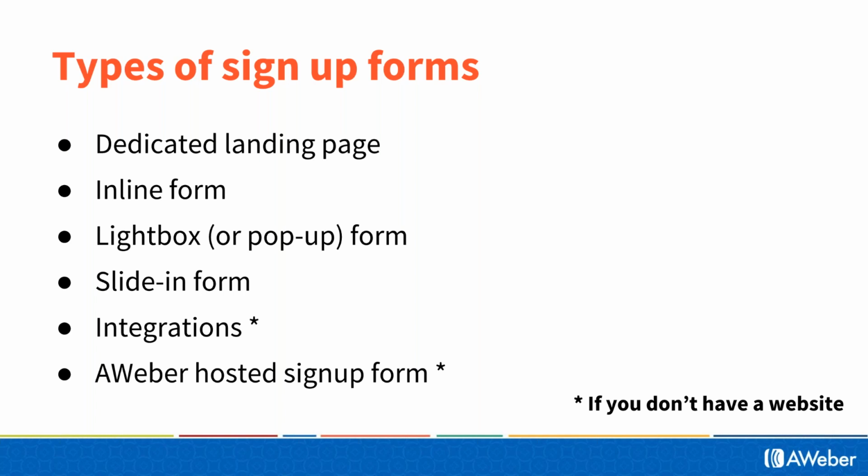And the last couple of things here, if you don't have a website, and some of you may not because you may be strictly selling through Amazon, for example. If you don't have a website, a couple ways to capture or collect email addresses without an actual physical form is through integrations.